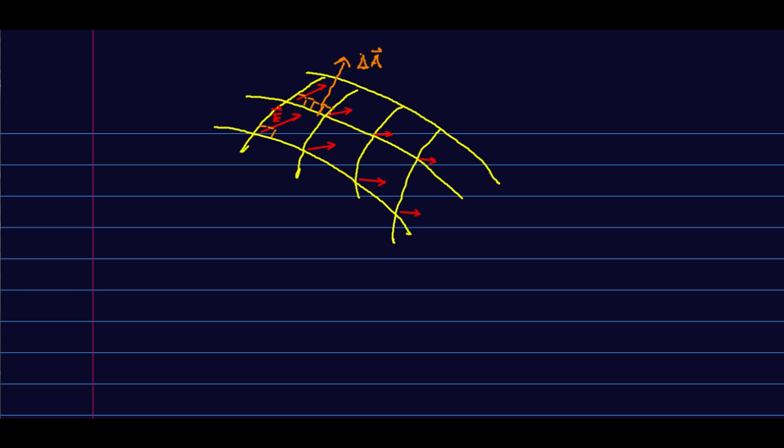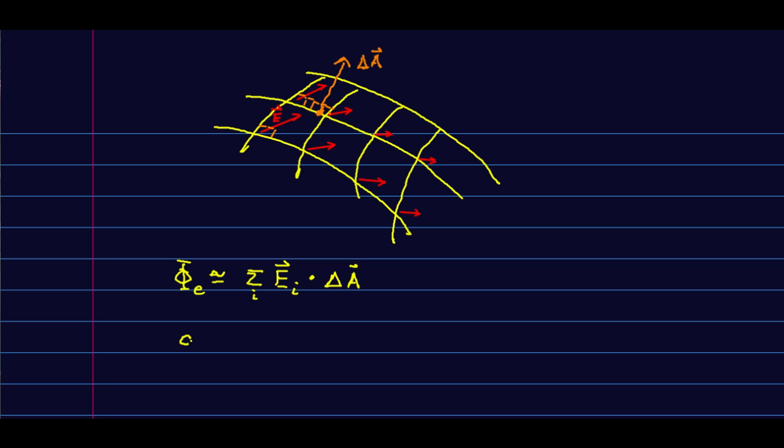So this delta A vector is perpendicular to this piece of the surface and has a magnitude equal to its size. And so our total flux through the surface would now be approximately a sum of E field vectors through little bits dotted with those delta A's.